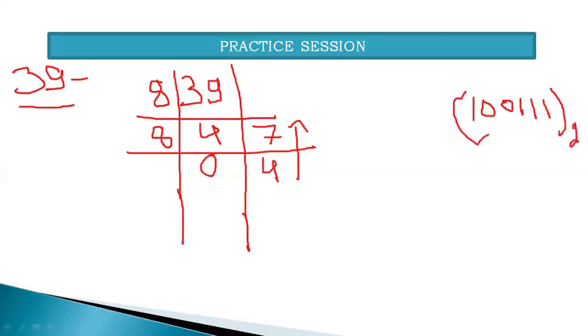Now we have converted the same number into the octal number system, and the converted octal value will be 47 to the base 8. So we have converted 39 into the octal number system. Please note it down. I think you must have noted it down. I can erase it. This is how a decimal number can be converted into the octal number system.